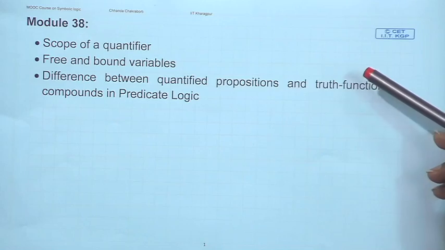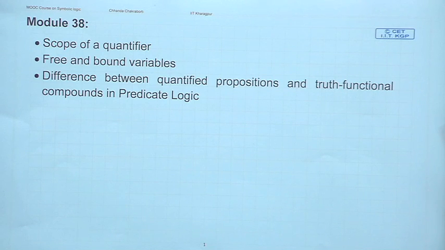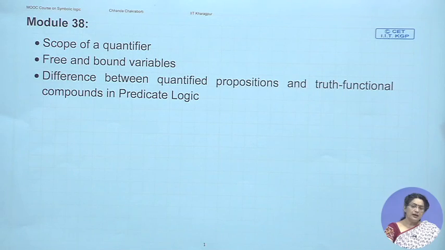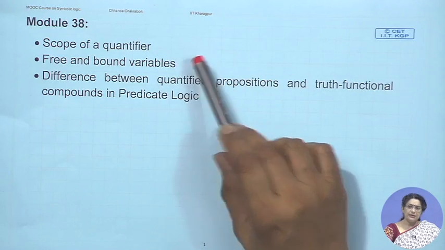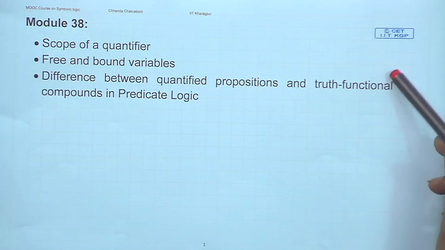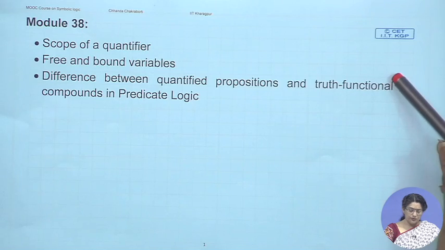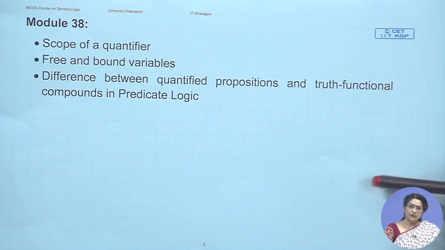But the scope of a quantifier will help us to identify also an important thing, namely the free and the bound variables. So, we will use the idea of the scope of a quantifier to define free and bound variables, and then we also will utilize that scope to talk about the difference between quantified propositions and truth functional compounds in predicate logic.